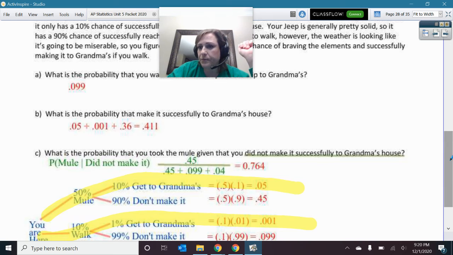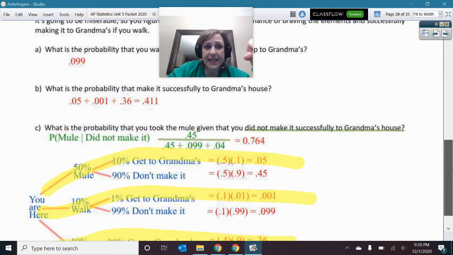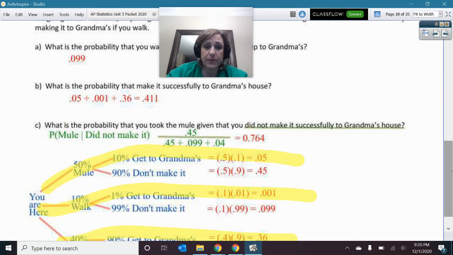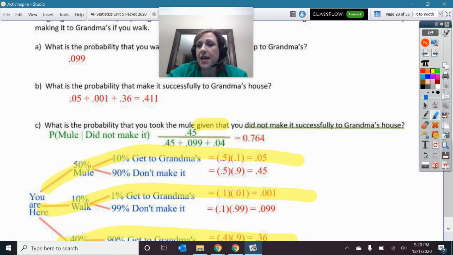Now, the next question is a given problem. What's the probability that you took the mule given that you did not make it successfully to grandma's house? Okay, so this one is a little different than part B, because part B is asking about successfully making it.